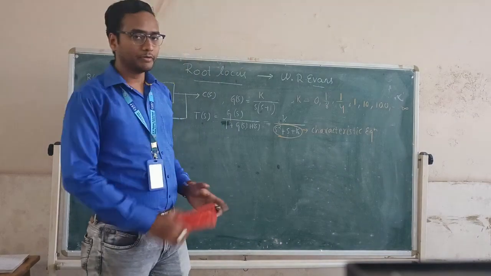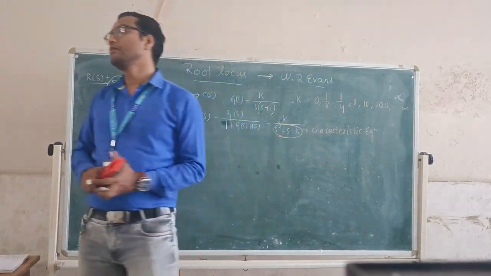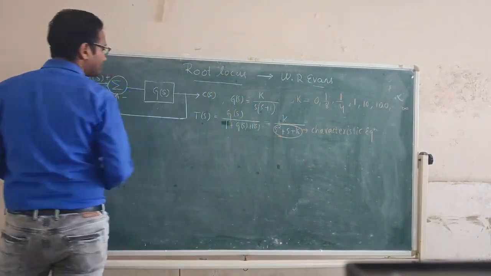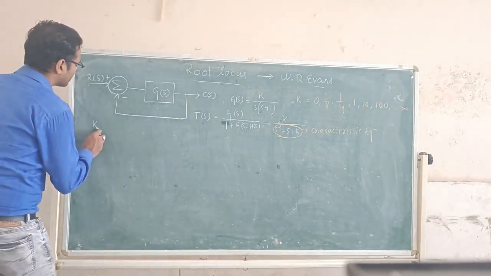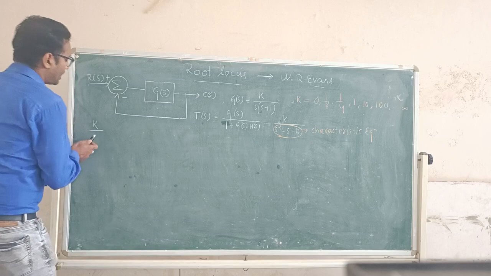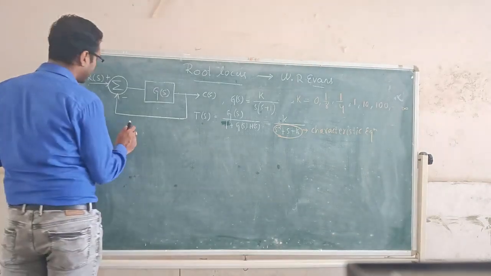So these are the values of k which we are taking. First, let us take the value of k as 0.